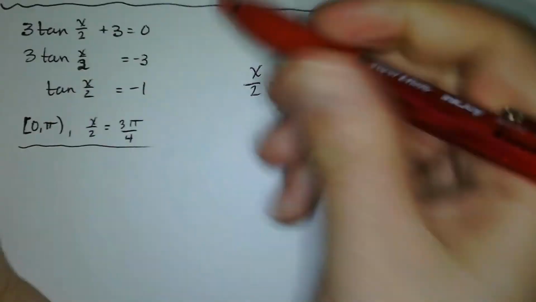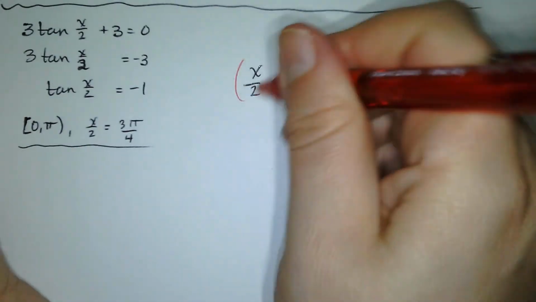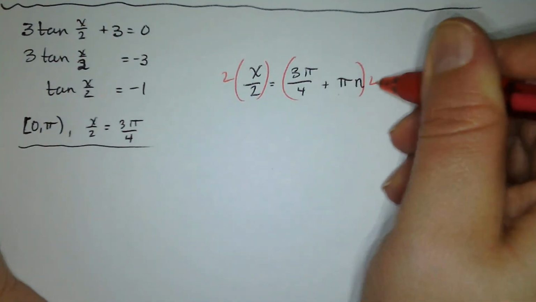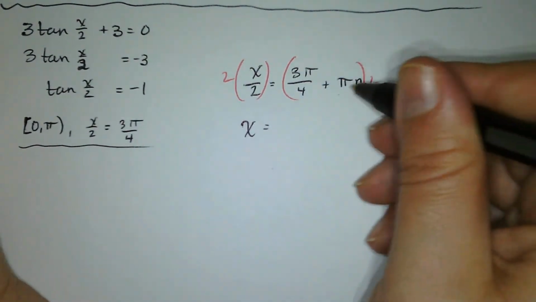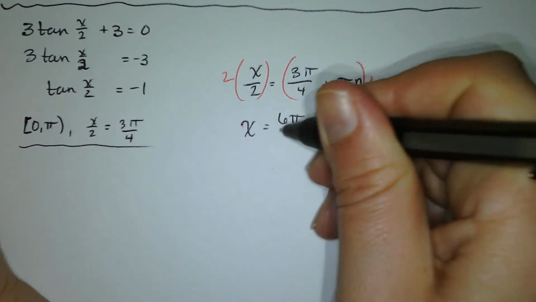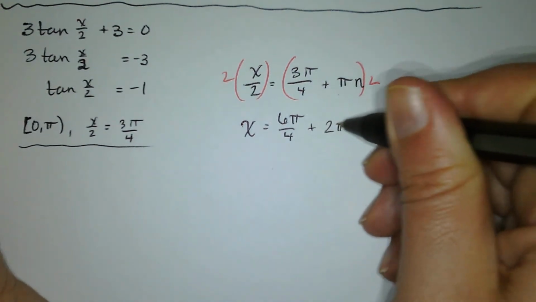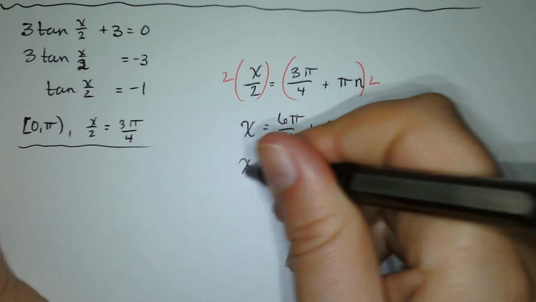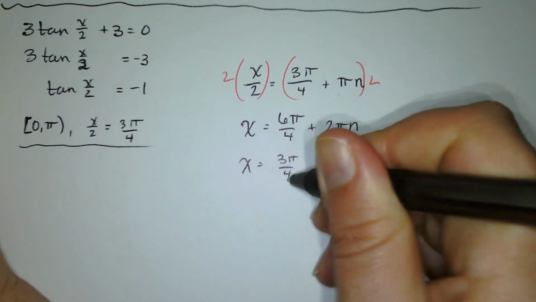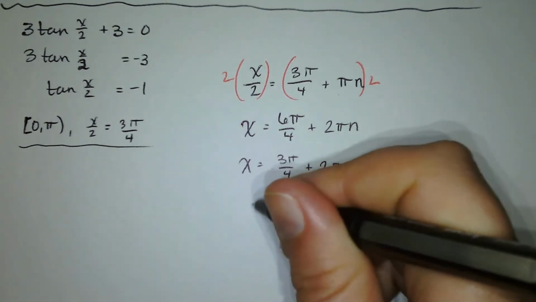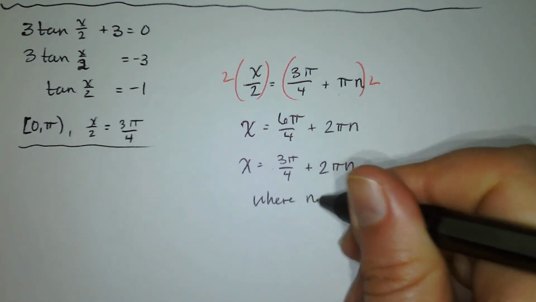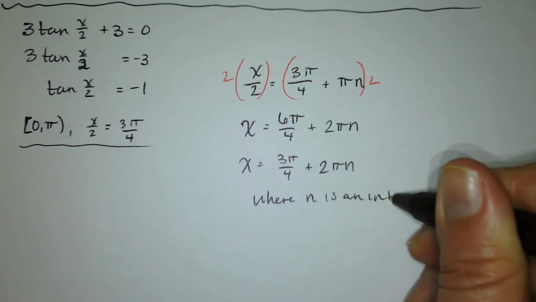So I can show that for you. X is equal to 6 pi over 4 plus 2 pi n, and that can be reduced. 3 pi over 2 plus 2 pi n, where n is an integer.